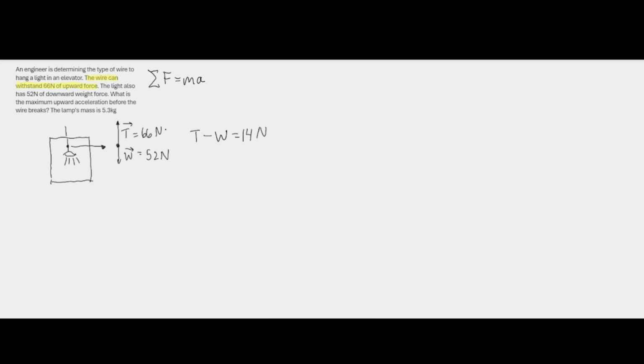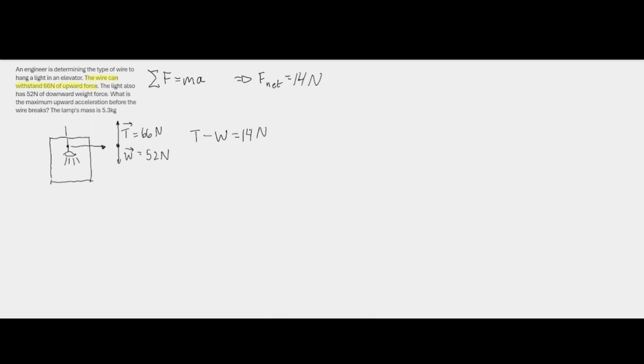And isn't that what we've done here? We've taken the tension force, which is 66 newtons upward, and we've added to it this downward or negative force that is 52 newtons. So the net force, F net, is equal to 14 newtons. We saw that when we subtracted them from each other down here.